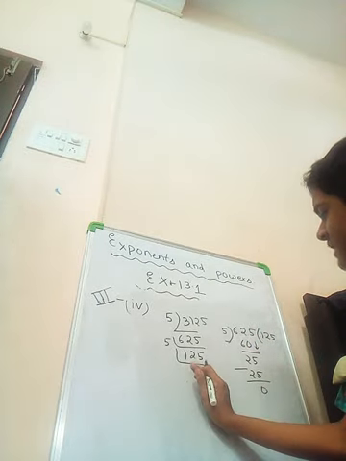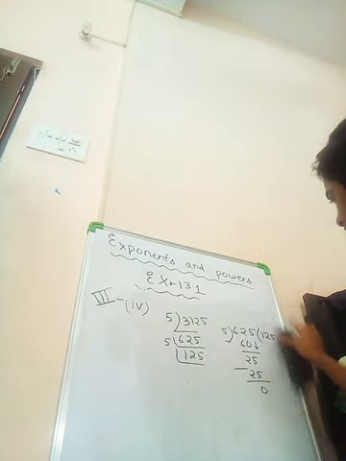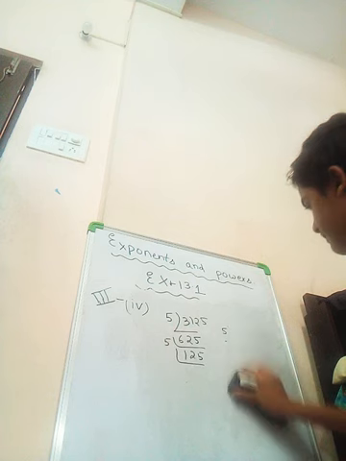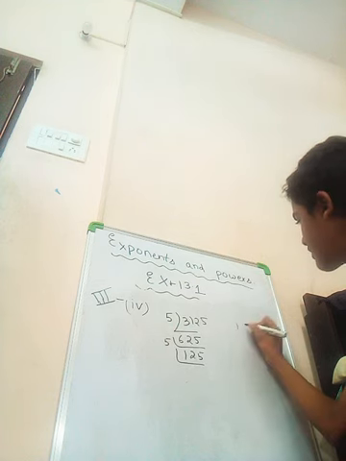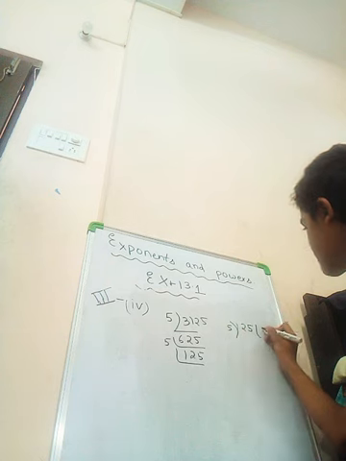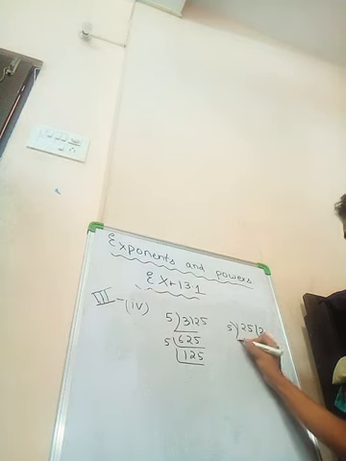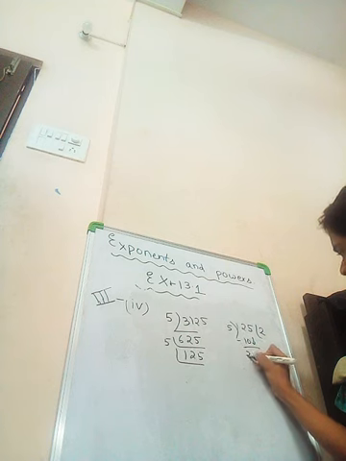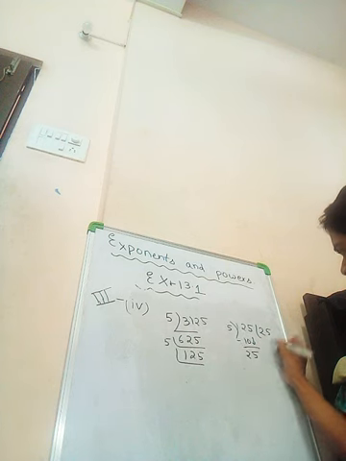So how many times does 125 go in the 5 table? Let's see. 125 divided by 5. 5 2s are 10, then we got here 25. So 5 5s are 25.